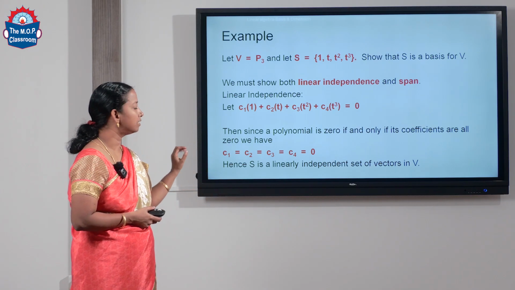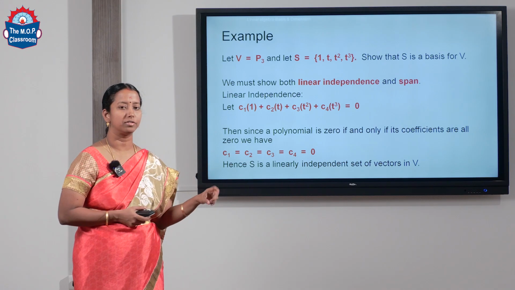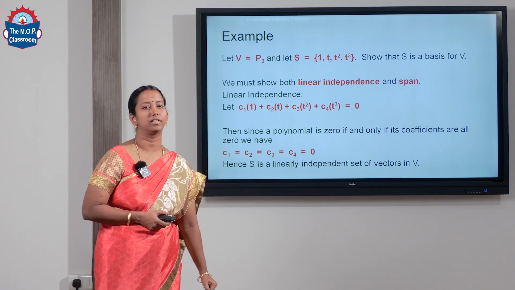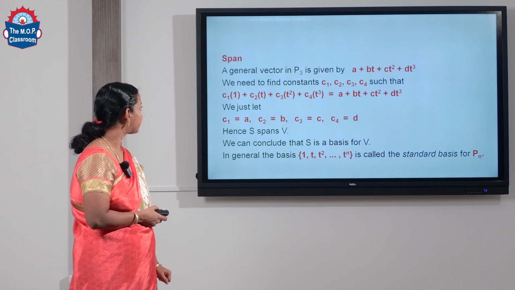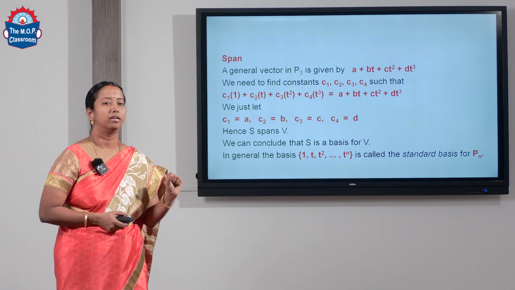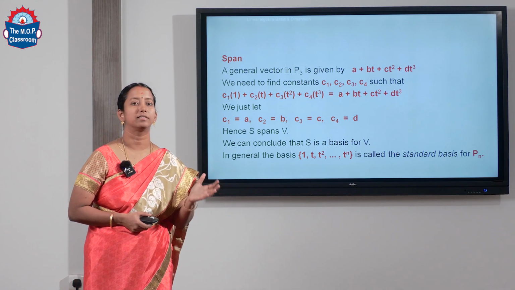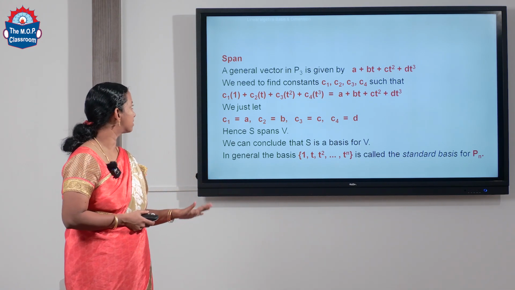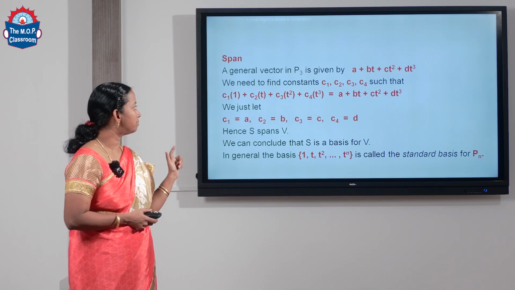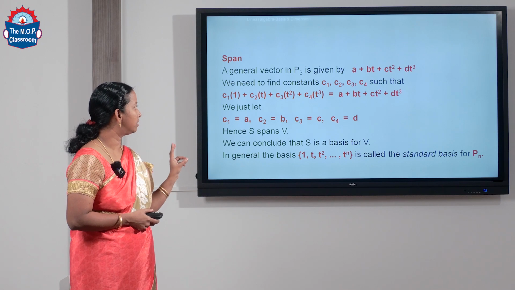So C1 equals 0, C2 equals 0, C3 equals 0, C4 equals 0. So S is a linearly independent set of vectors in V. Next we have to find the span. Span means it can be represented as a linear combination of vectors. In general, an element of P3 is given by A plus Bt plus Ct square plus Dt cube.